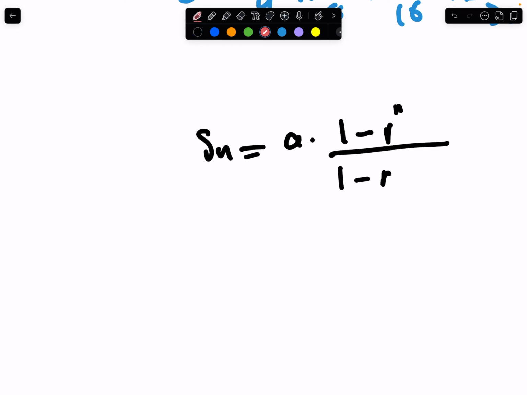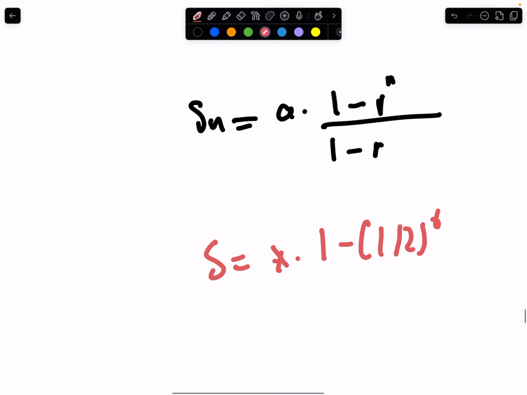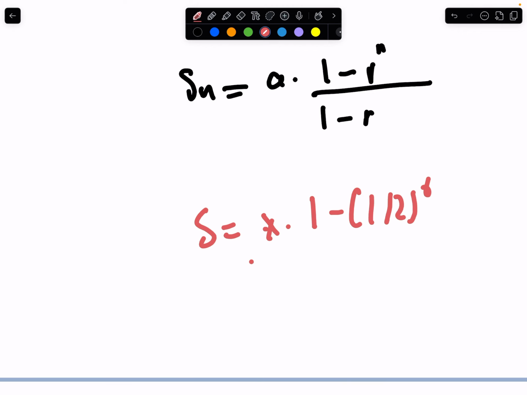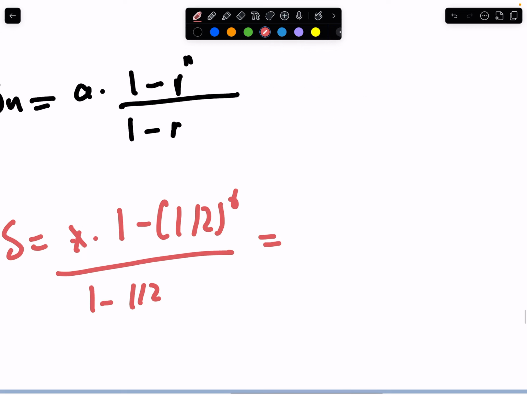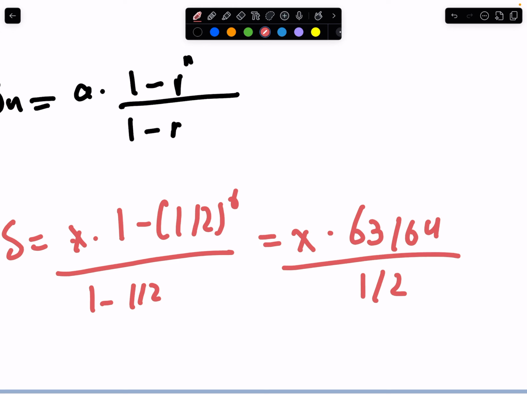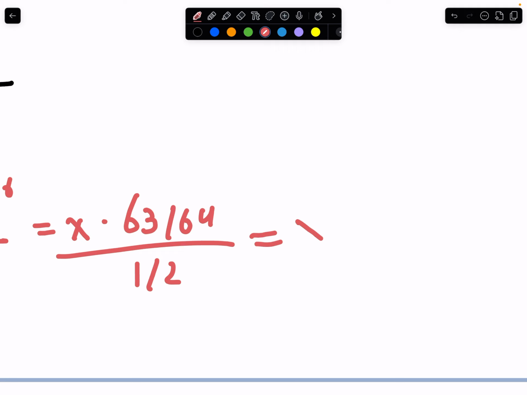So S is equal to x times 1 minus half to the power 6, over 1 minus half, which is x times 63 over 64 over 1 half, which will give us x times 126 over 64.